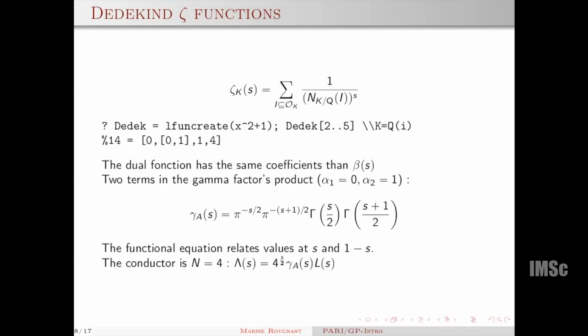And again, the coefficients of my dual L function are the same as the original L function. My gamma factor is defined with two factors. One for the real zero, you can figure that this is the product of these two terms, and one for the number one. So the functional equation relates value at s and 1 minus s, and the conductor is 4.